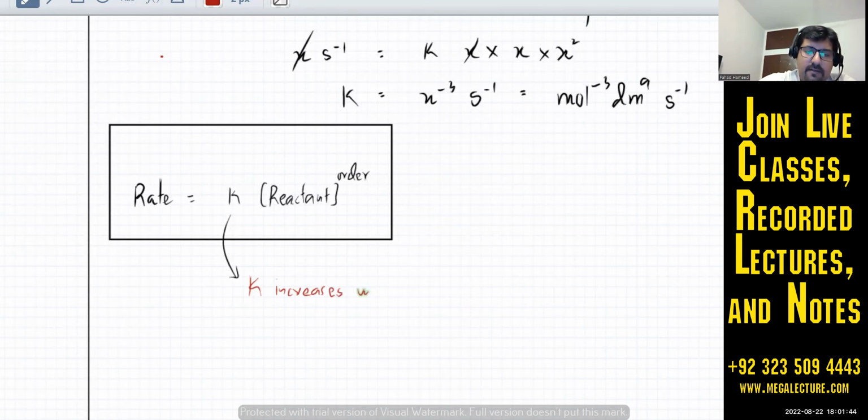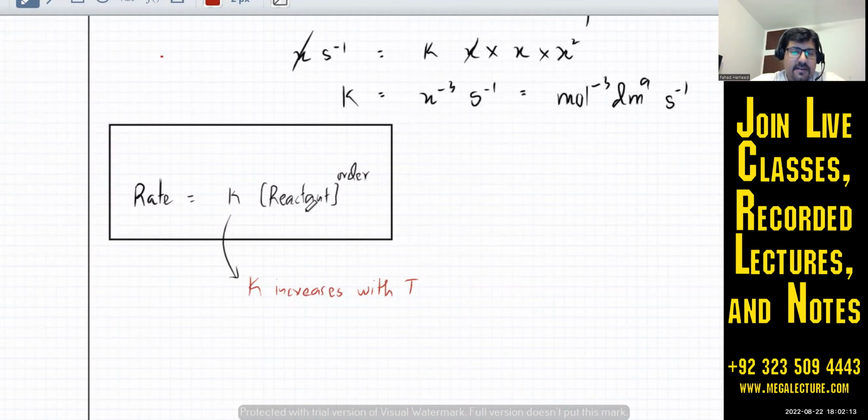Why does it increase? Because the reactant concentration is the same and the order is constant. Every reaction is going to have a very specific order that will not change. You find it, but it's always constant. If it's order 2 with respect to something, then it's always going to be order 2 with respect to that thing, because the mechanism is not going to change.